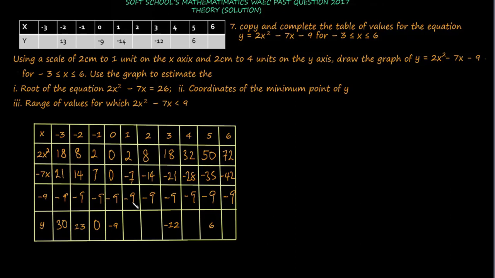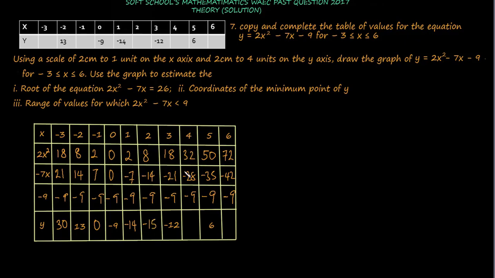Then you have 2 minus 7, which is minus 5. Minus 5 minus 9 is minus 14. Then you have 8 minus 14, that is minus 6. Minus 6 minus 9 is minus 15.